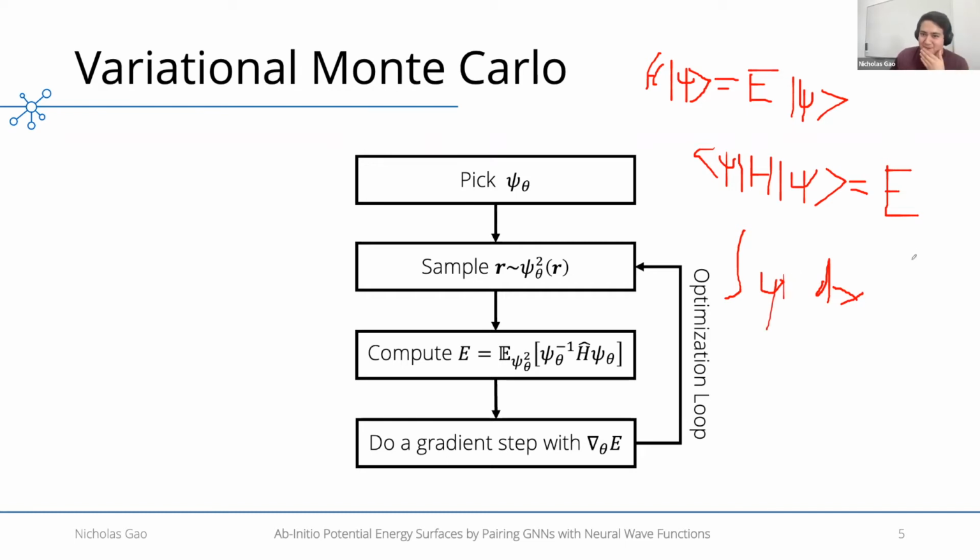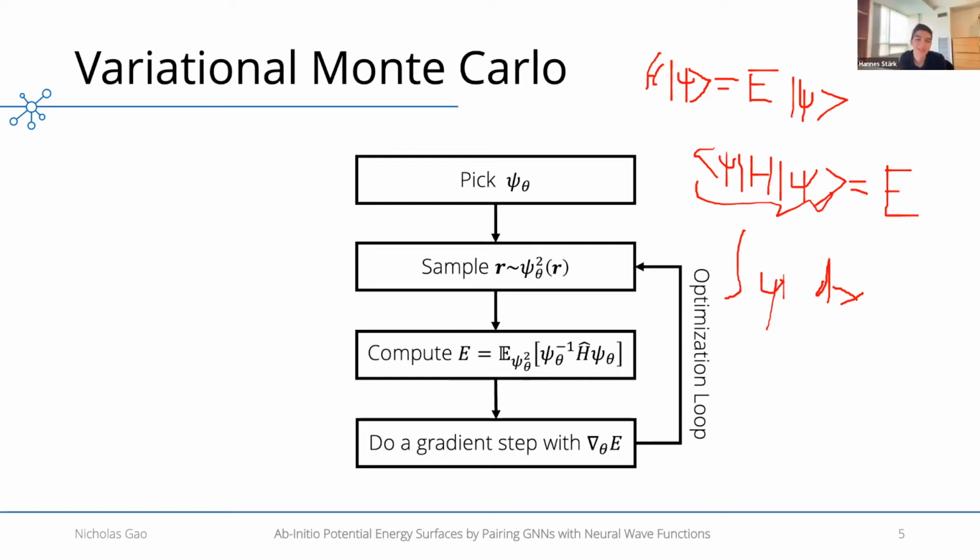I'm very bad at drawing, but essentially this bracket notation means that this is some integral, which is the same as the expected value, right? You can also phrase an integral as an expectation value, and then you do some tricks to get to the sampling procedure here. I can derive that, and I can share my screen with an iPad and derive it for you if you want to.